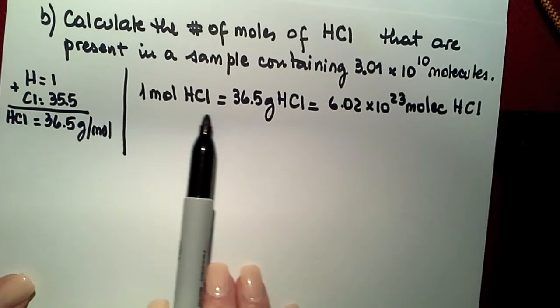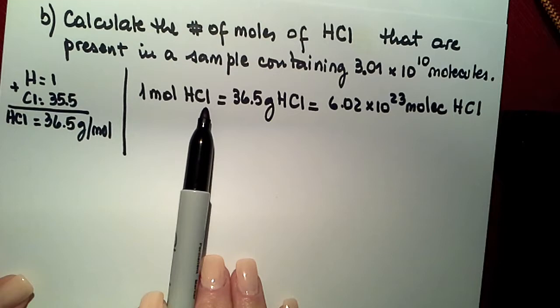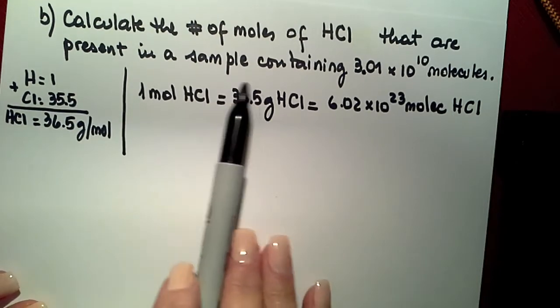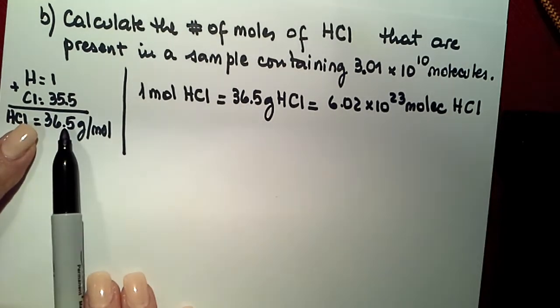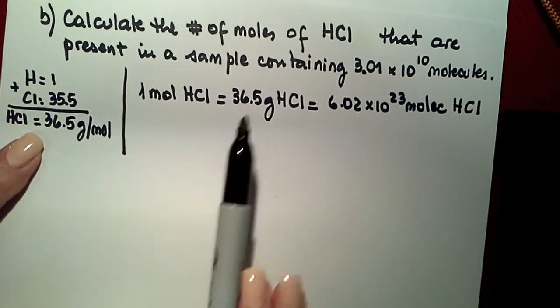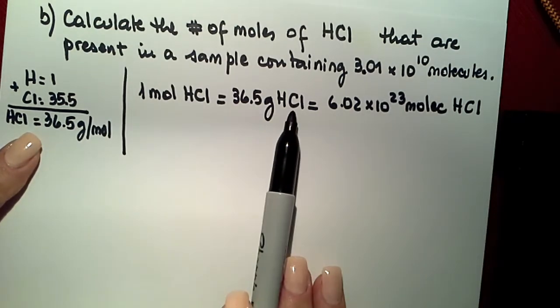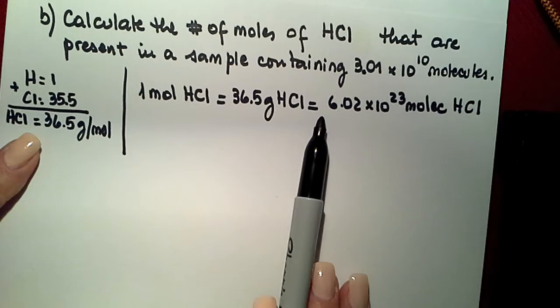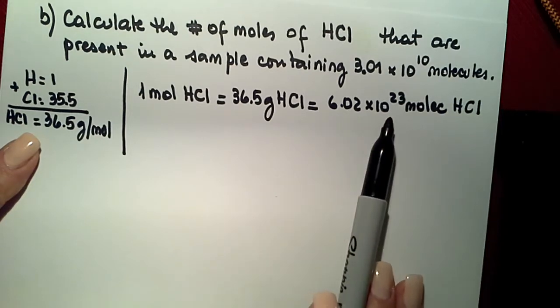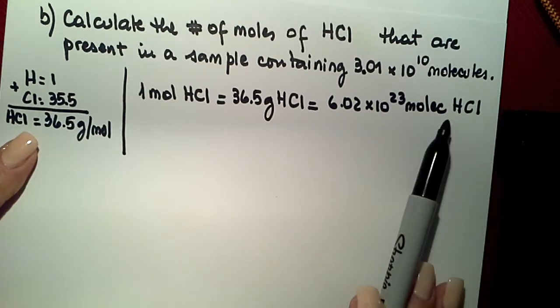We know the relationship is always the same. 1 mole of chlorhydric acid equals the molar mass, which we calculated here, 35.5 plus 1, 36.5 grams of hydrochloric acid, equals 6.02 times 10 to the 23rd molecules of hydrochloric acid.